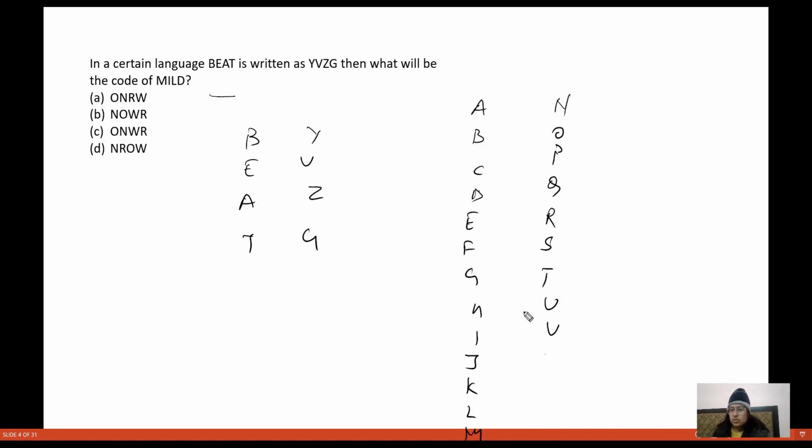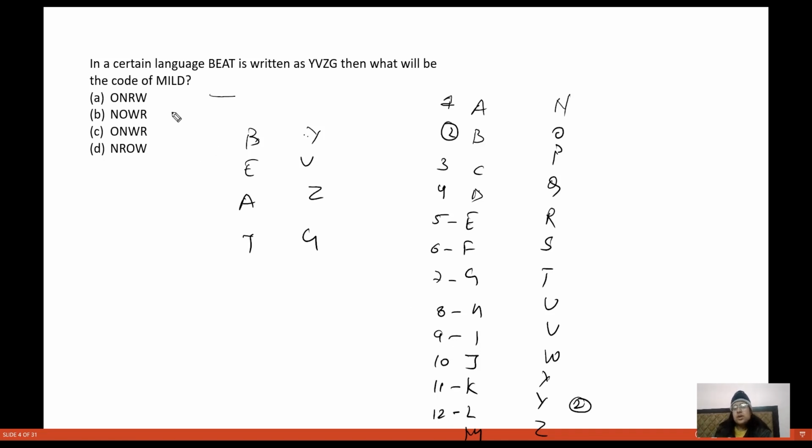So P Q R S T U V W X Y Z. Now see, B is corresponding to Y. B is the second one, and this is second from here. So do one thing, just number it: 1, 2, 3, 4, 5, 6, 7, 8, 9, 10, 11, 12.